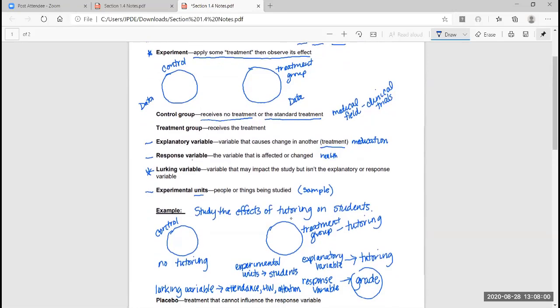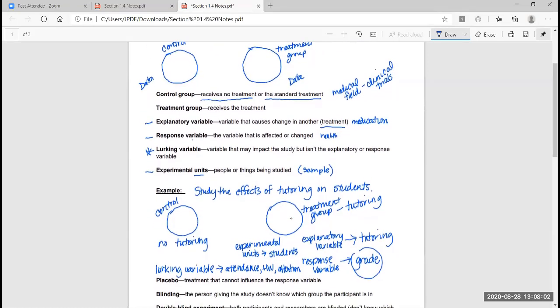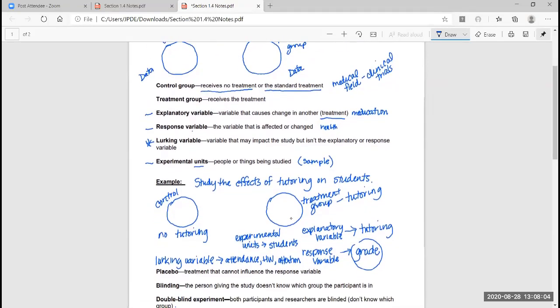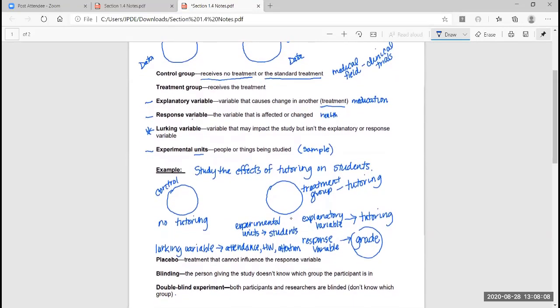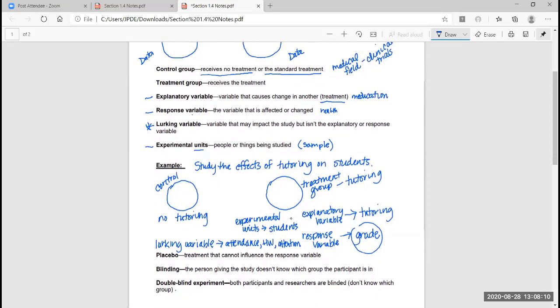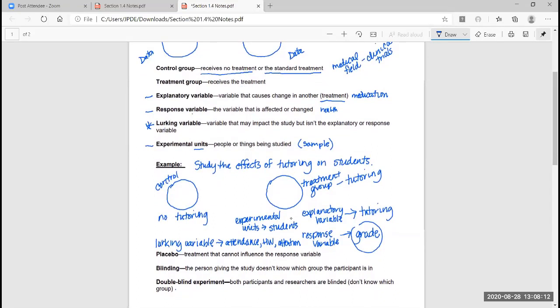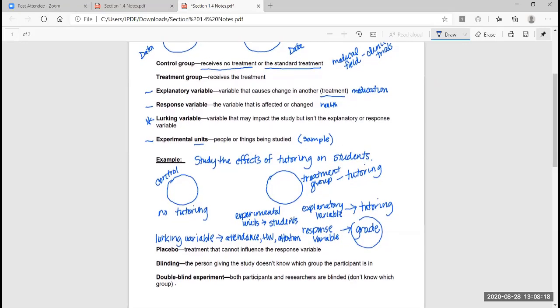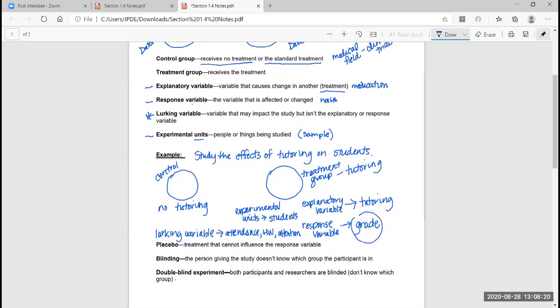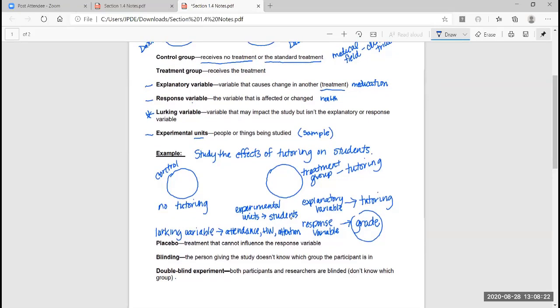The treatment group was the group that received the treatment of tutoring. Explanatory variable is the treatment, which is the tutoring. The response variable is what they got. Did the tutoring work? Did their grade improve? And we also talked about the experimental units being the people, the students in the study. The lurking variables could be attendance and homework and other factors that impact the grade.